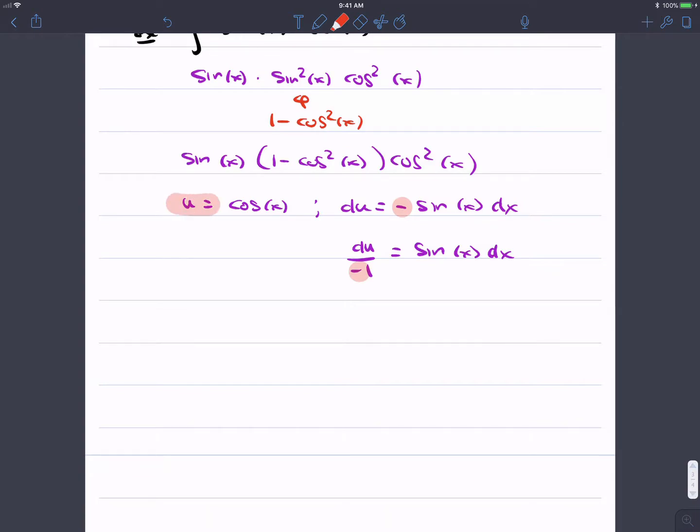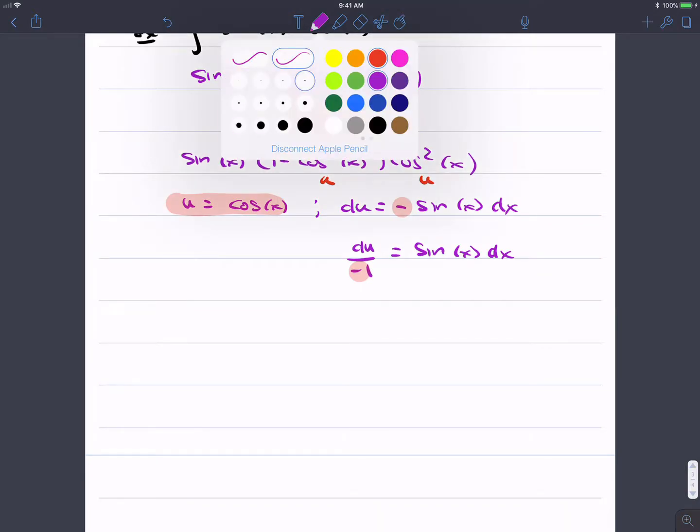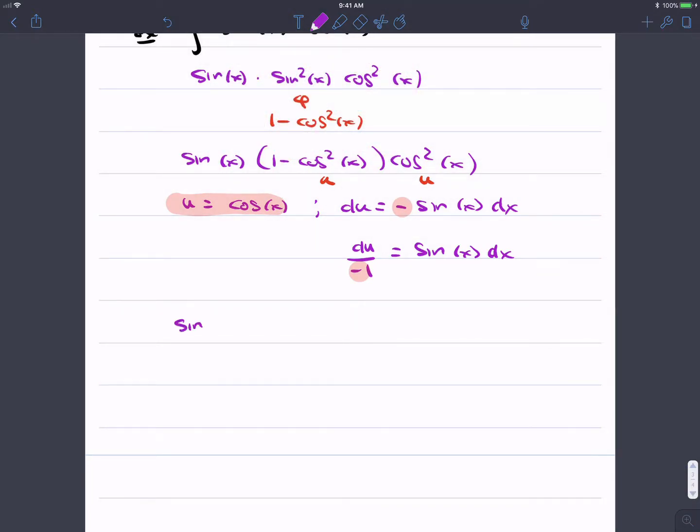Now, since u is cosine, wherever there's a cosine, we replace it with a u. So finally we get sine times 1 minus u squared, times u squared. And remember, we're integrating with respect to dx.